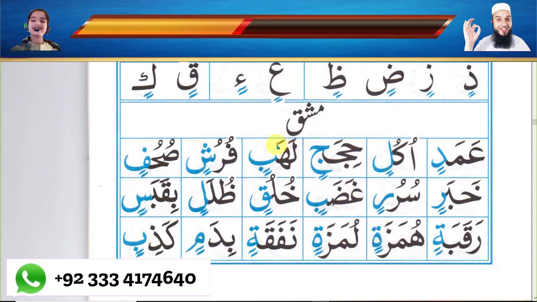What's the name of this sign? Zabr. What's the sound of Zabr? A. Brilliant. What's the name of the sign? Zer. What's the sound of this zer? E. Good boy. Okay. What's the name of the sign?